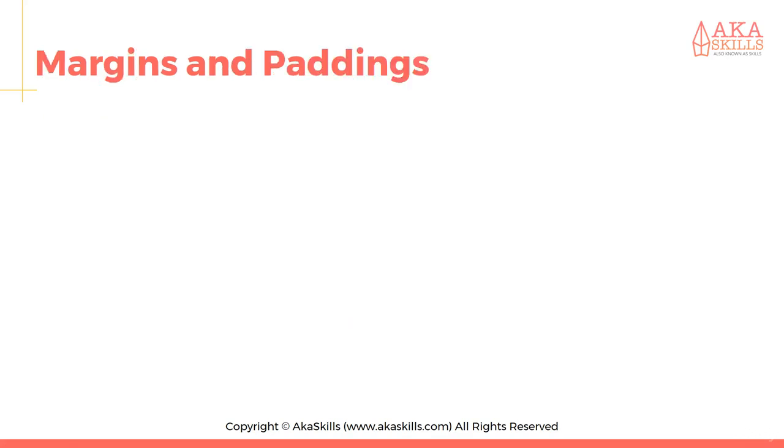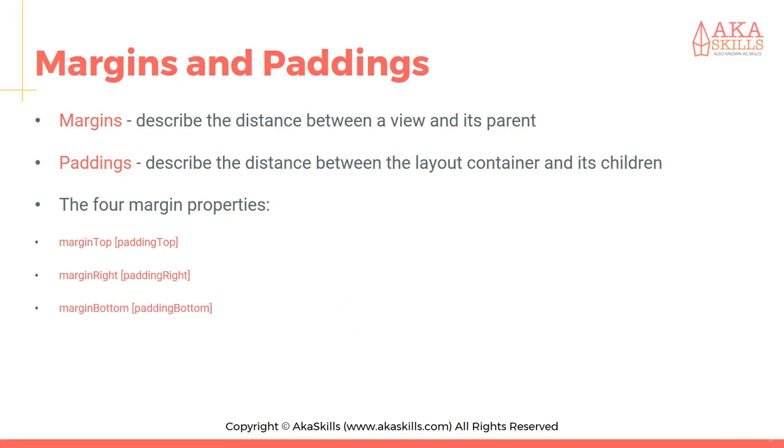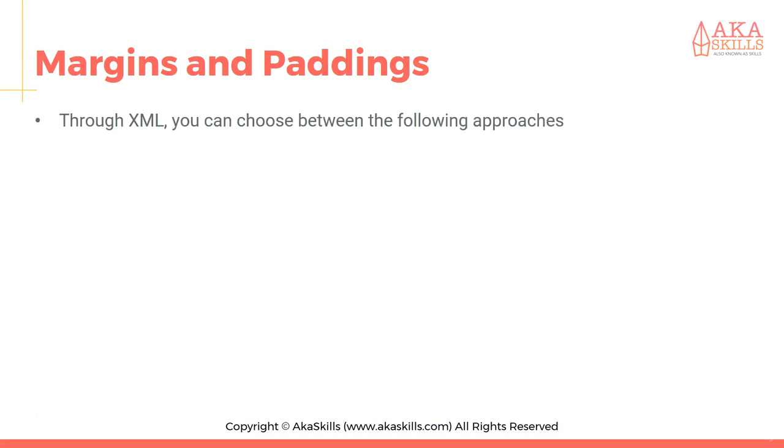What about the margins and paddings? Well, margins are describing the distance between a view and its parent, while padding is describing the distance between the layout container and its children. Here are the four margin properties. We have margin top and padding top as well, margin right and padding right, margin bottom, padding bottom, and margin left and padding left.